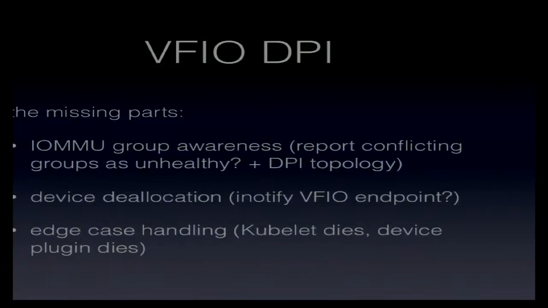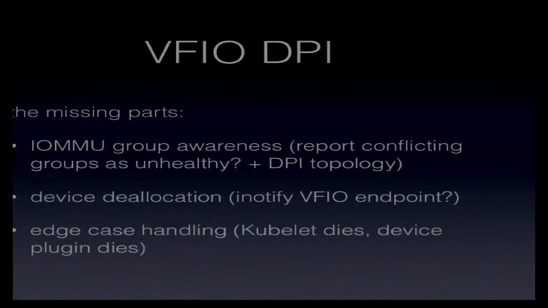It turns out the amount of things we don't have is probably bigger than the amount of things we have. One of the missing parts is the IOMMU group awareness. This turns out to be really tricky in the case of device plugins because they really work on per-device fragments. So you can't really say, oh, this device is actually bound to another device.